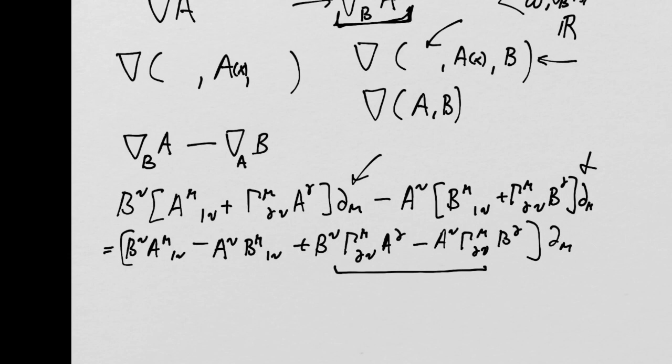I don't know why I have an alpha there. So see, this term comes from here, which is mu gamma nu, and this is mu gamma nu also, right?